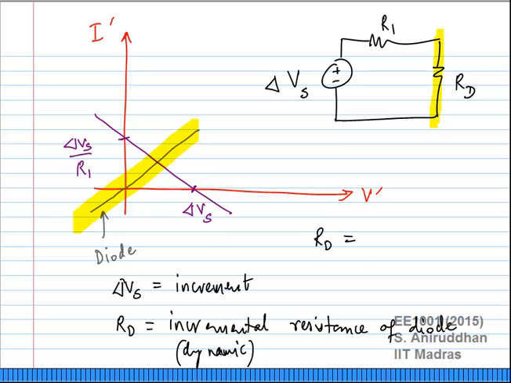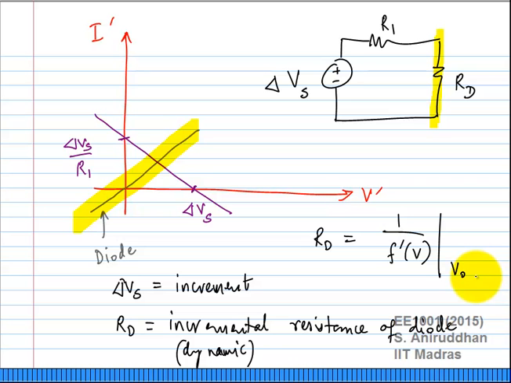It's 1 over R. You are drawing I versus V, so the slope is 1 over R. So what is Rd? 1 over F prime of V. The resistance Rd is 1 over F dash of V. Is that clear? It's 1 over the first derivative of the function F of V, calculated at V0.